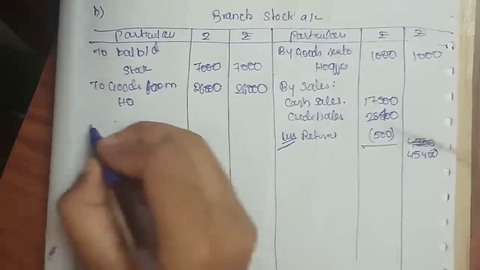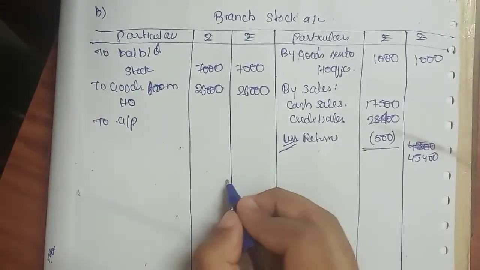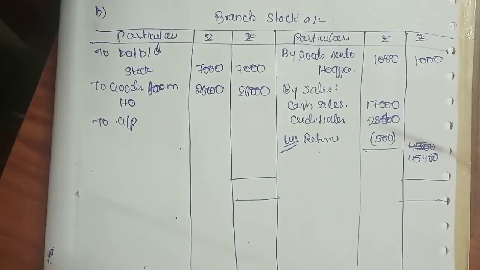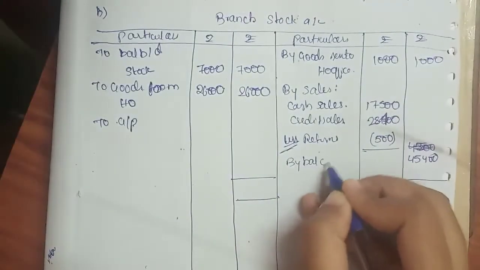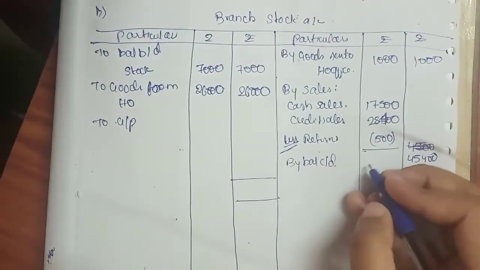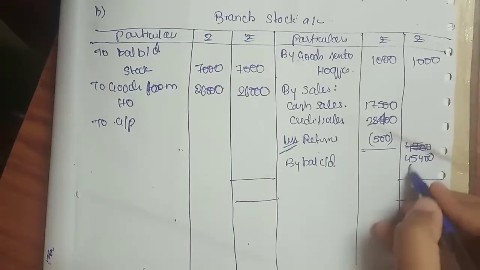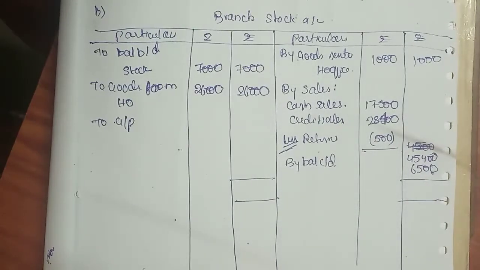So now you get a gross profit. Make this total. We forgot to write the balance carried down, that is closing stock. So closing stock we had 6,500, and make the total of this, 1,000 plus 6,500.